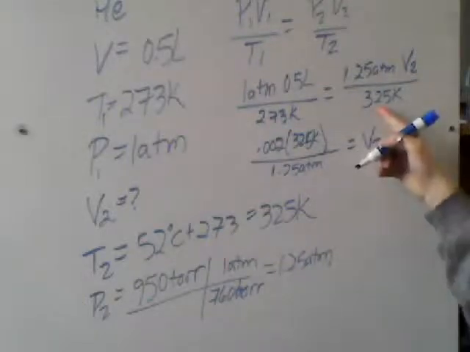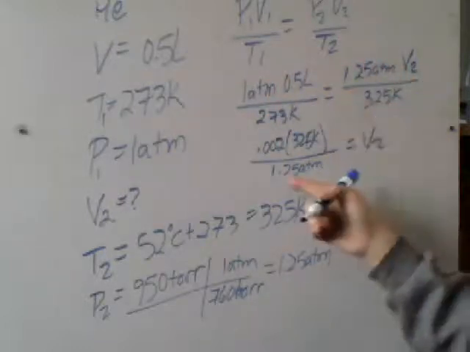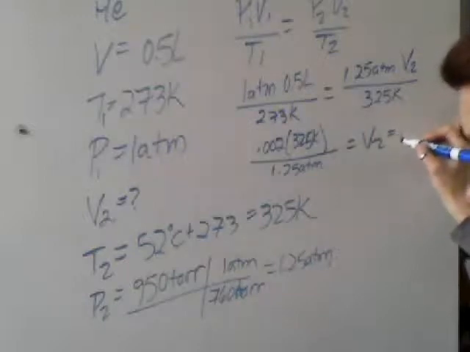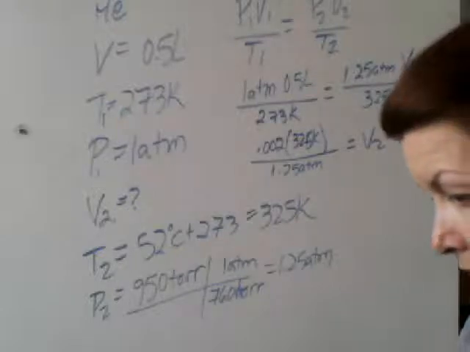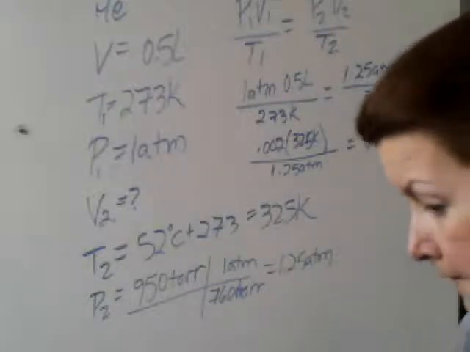When you're moving something from the denominator, you multiply it. Moving something from the numerator, you divide it. And we find out that our final volume is 0.47 liters. So just a little bit of change when we change the pressure and the temperature there.